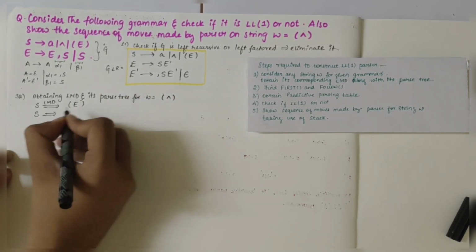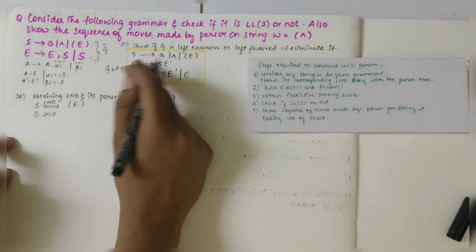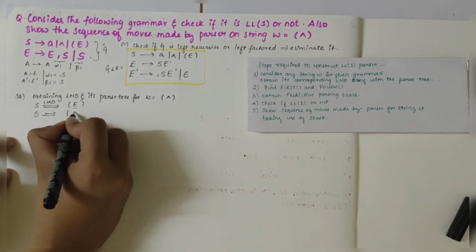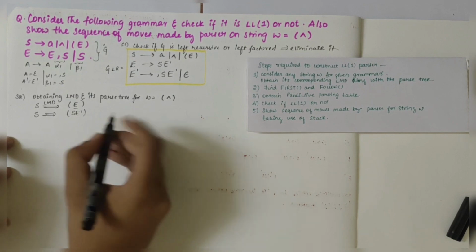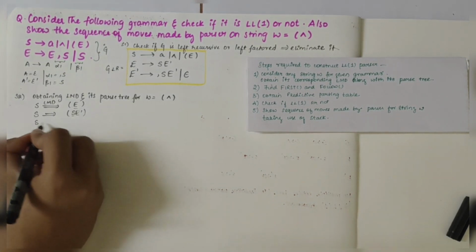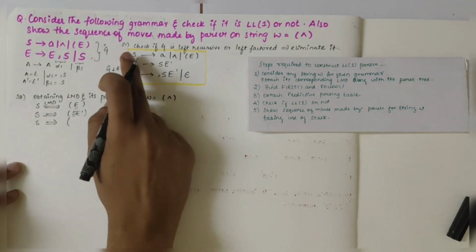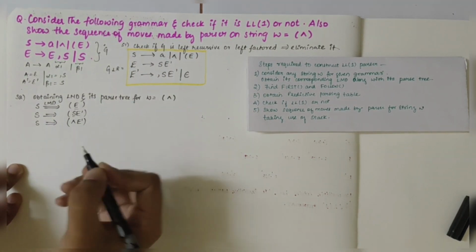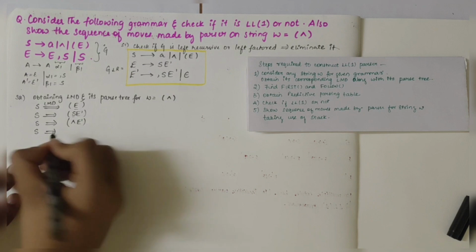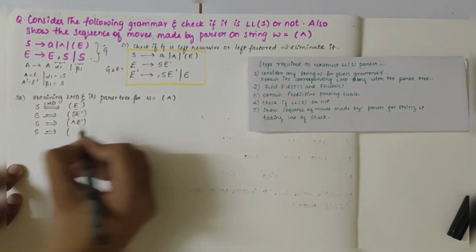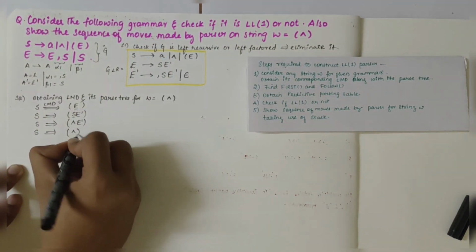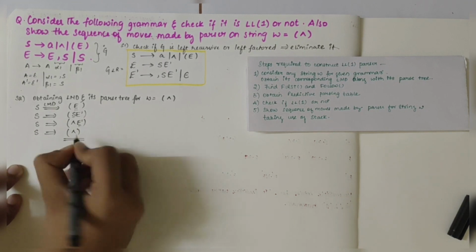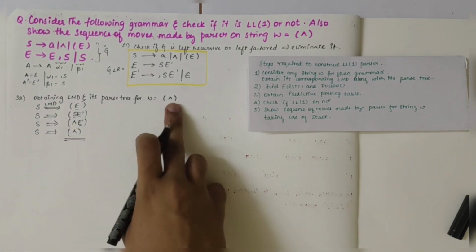So E can be written as S E dash, so open bracket S E dash and close bracket. Now I'll change S, from S I can write the exponential symbol, and E dash I'll keep as it is. Now E dash derives epsilon, so epsilon you need not write here, and you will get only these three symbols which are present in the string.